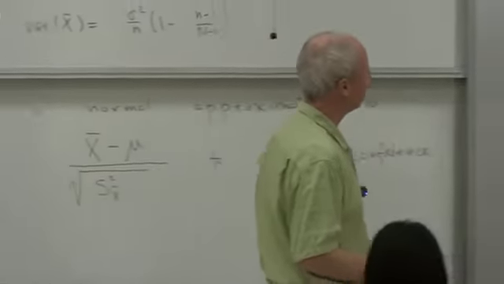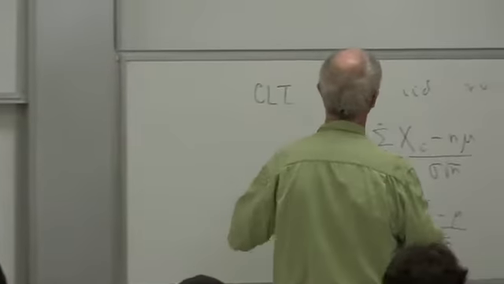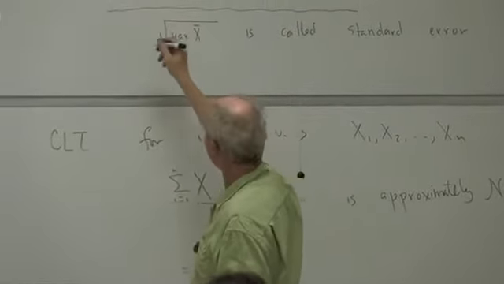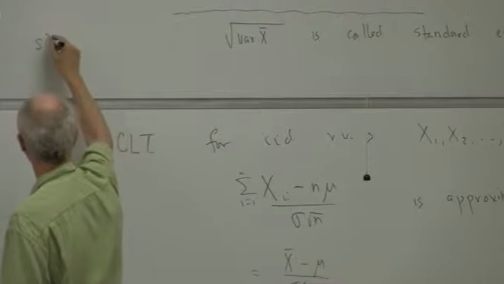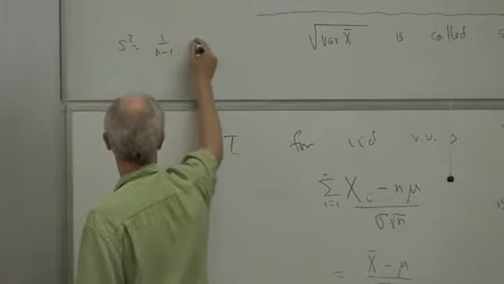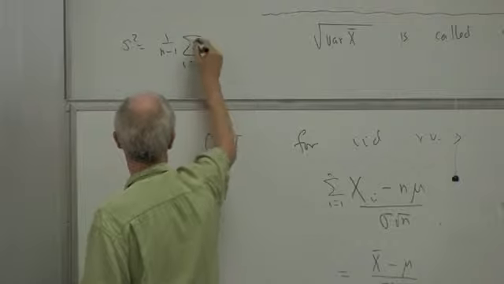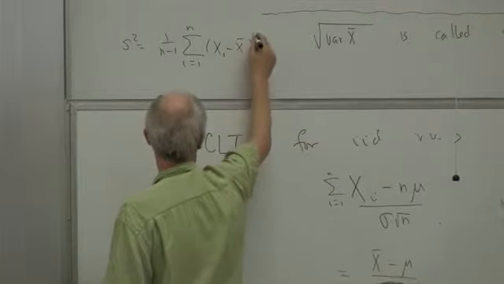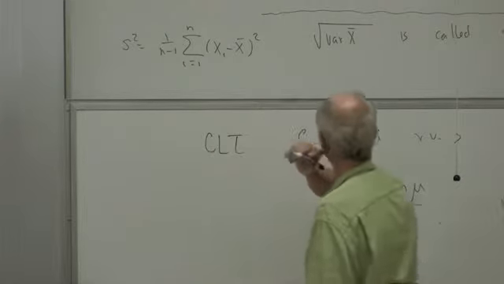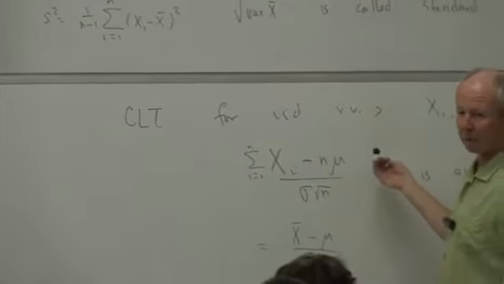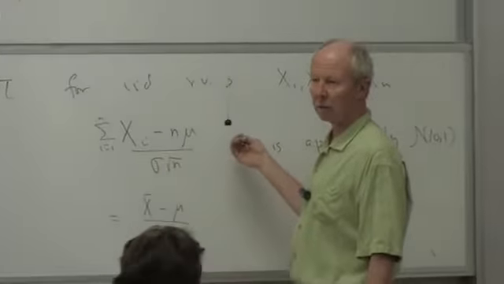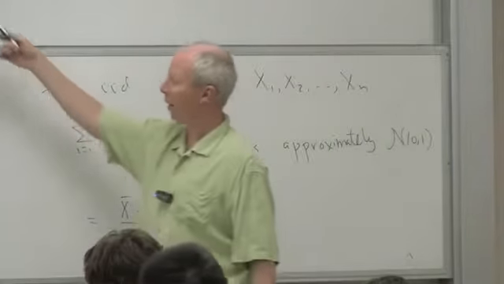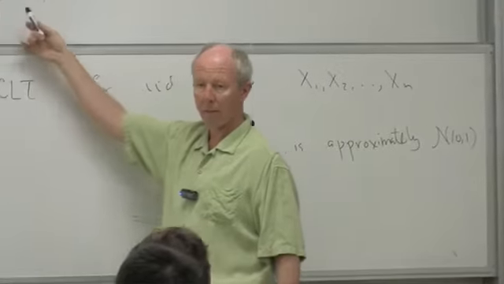If we were in the IID case, s squared, which was this, is an unbiased estimator for sigma squared in this setting. So if we didn't know sigma squared, we would replace sigma by s, the square root of this quantity.